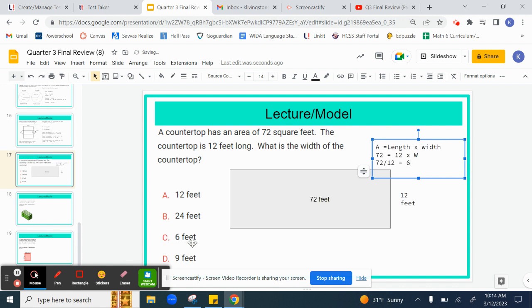So the width would be 6 feet, because 12 feet times 6 feet would give us the total area of 72 feet. All right, let's move on.